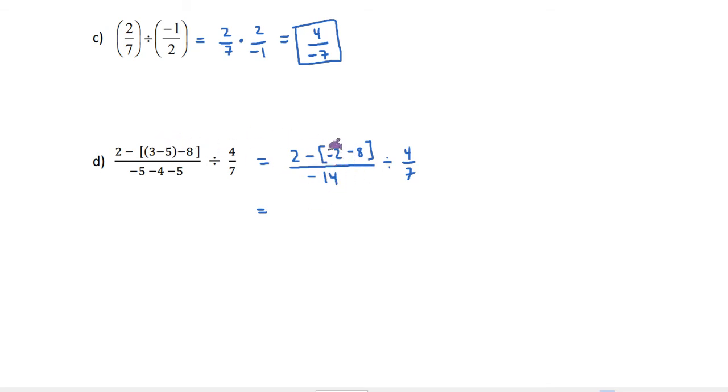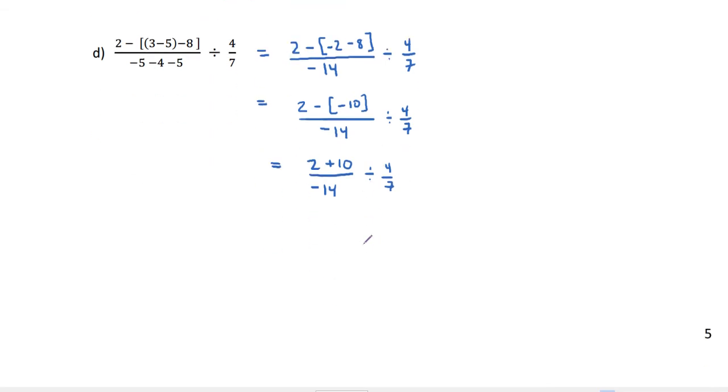So simplifying, we have 2 minus negative 2 minus 8 is negative 10, and still over negative 14, and divided by 4 over 7. 2 minus minus will make that a positive 10. Okay, and then this will be 12 over negative 14.